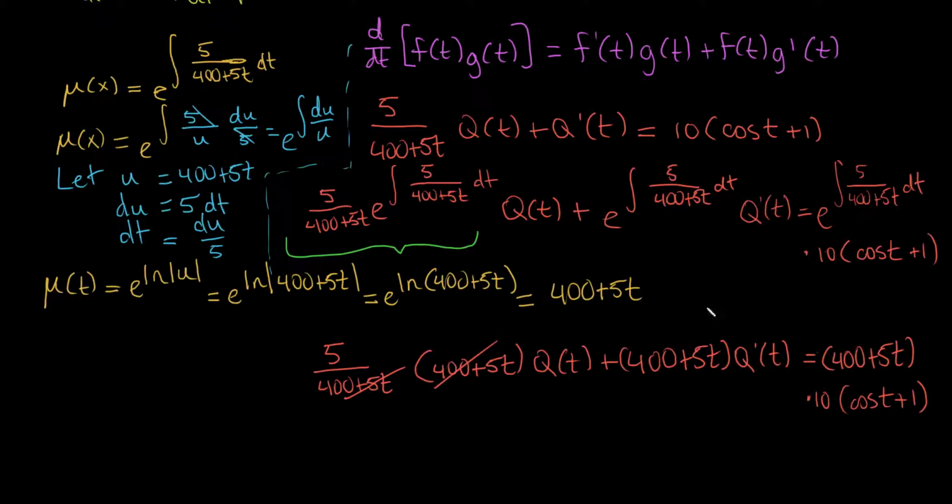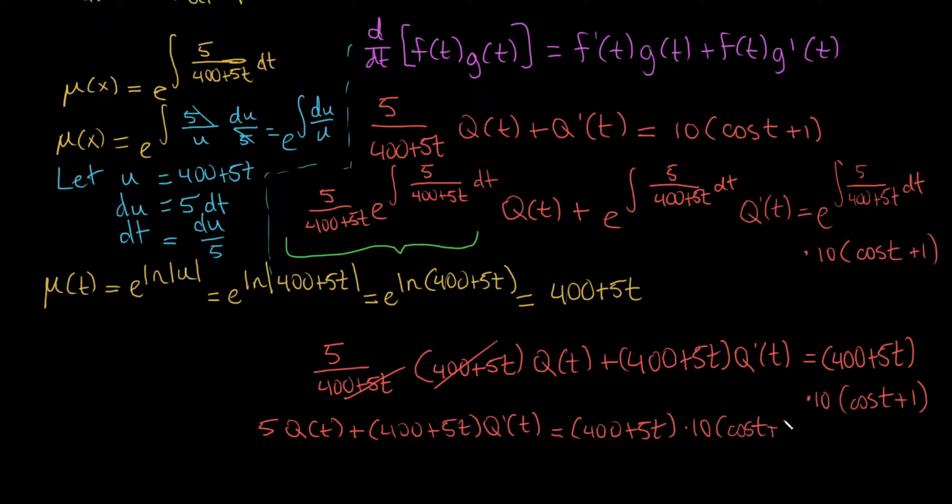So now, all that we're left with is 5 times q of t plus 400 plus 5t times q prime of t equals 400 plus 5t times 10 cosine of t plus 1. Whew. Again, long equation, but it's only getting smaller at this point, which is a good sign.